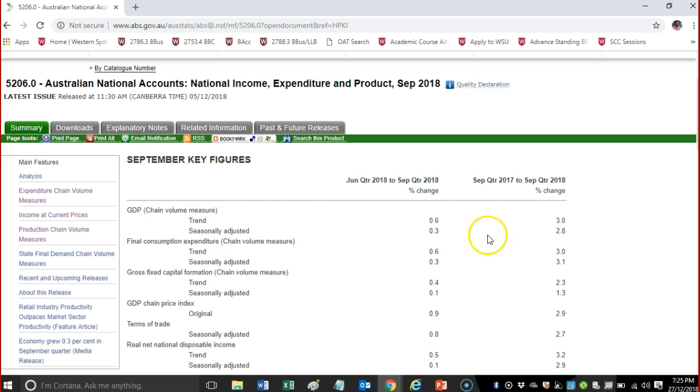The seasonally adjusted rate is 2.8%. So seasonally adjusted means we've eliminated any outlier blips, which are due to some kind of seasonal factor. Okay, and it's 2.8%. You can use either one of those, the trend or the seasonally adjusted.